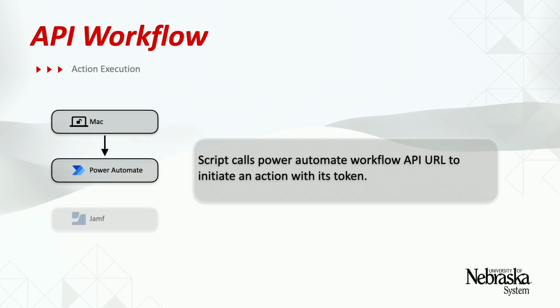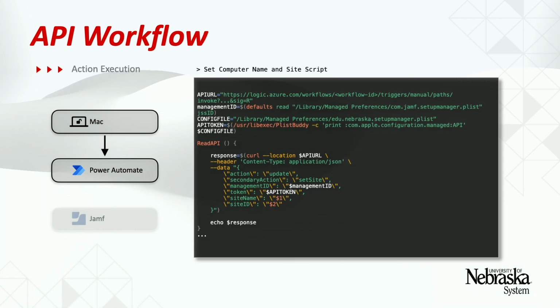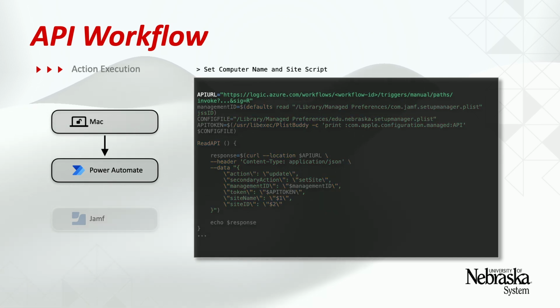So now Power Automate is going to, or the script is going to call Power Automate again. As we did before with that init command, we're going to do it once more and with kind of a different action this time. So here's that same set computer name script, but a different portion of it. We have that same API URL that we originally had.